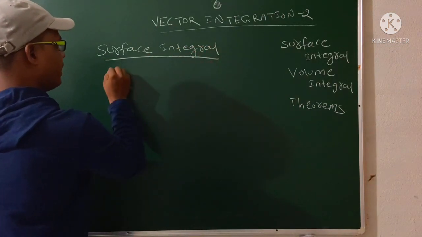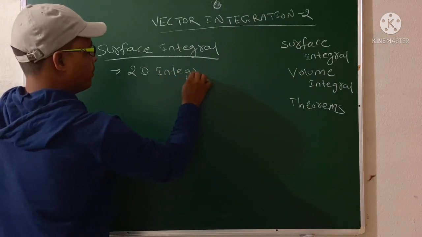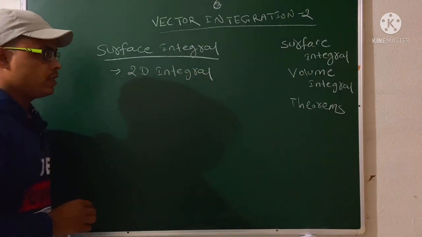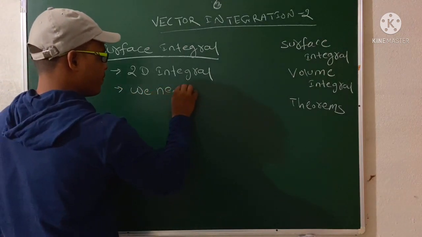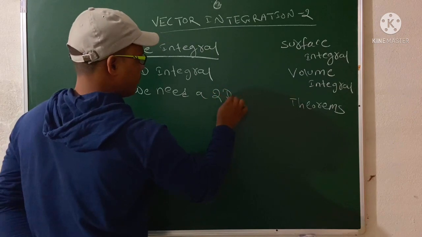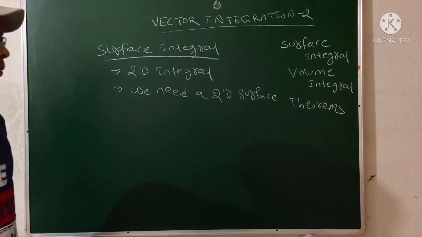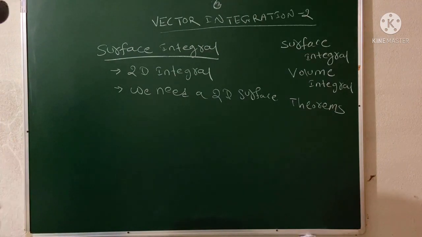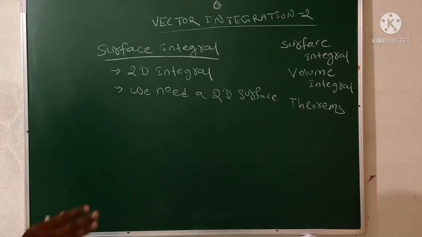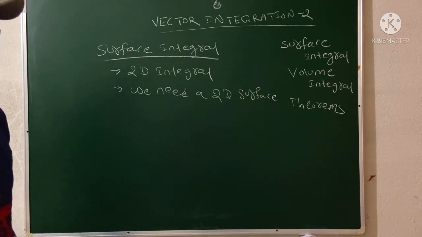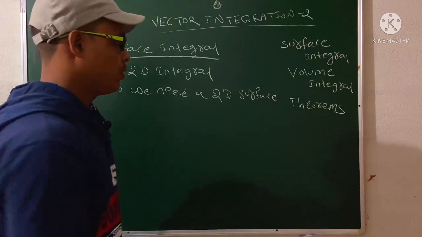So this is a 2D integral, and we need a 2D surface. That means the surface can be in space, that is, it can be three-dimensional, but we will integrate the vector field or the scalar field over a 2D surface.